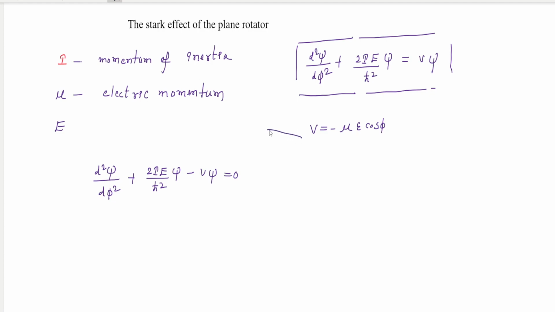So substitute this perturbation value here, I mean the potential energy.